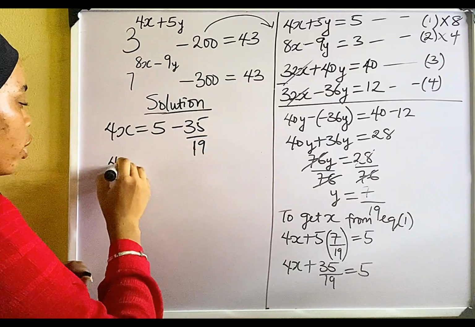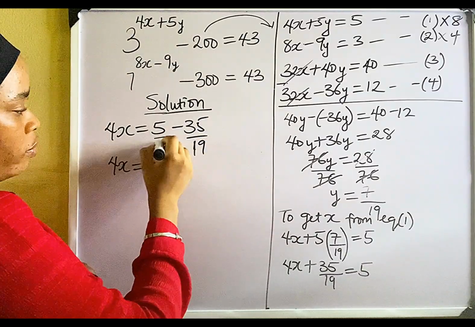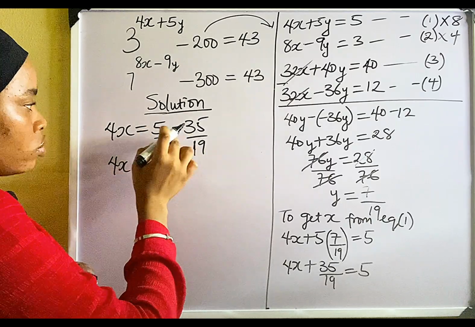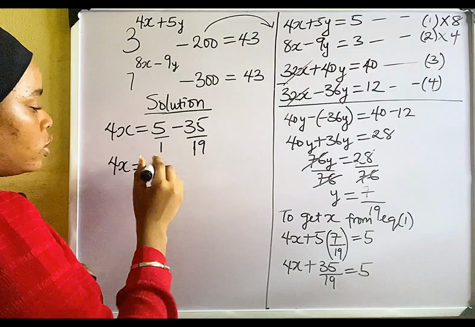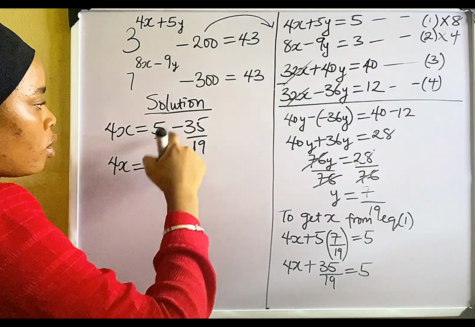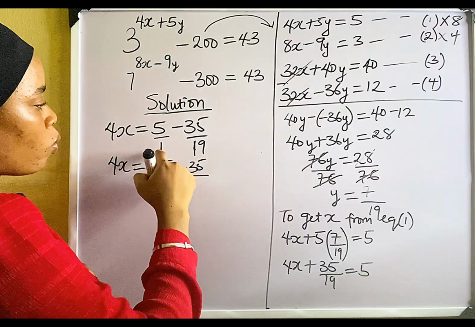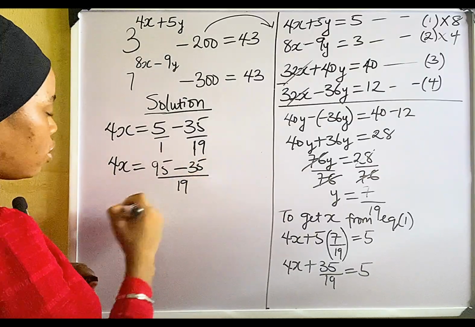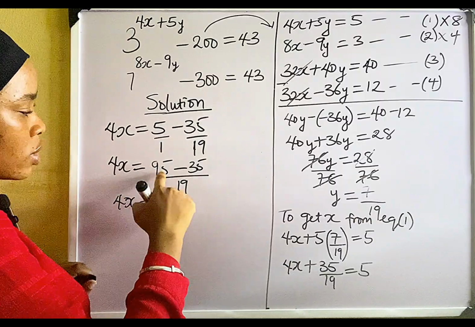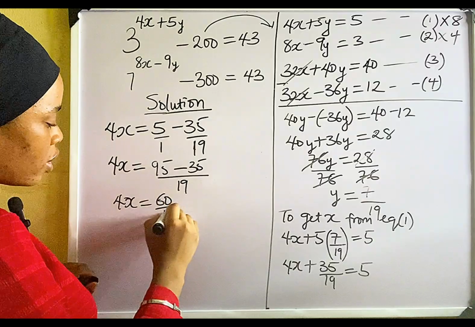So we have 4x equals, now I'm going to base this over 1 and then simplify this fraction. So I have 5 times 19, that gives me 95, minus 1 times 35, that's 35, all over 1 times 19, that's 19. So simplifying this gives me 4x equals 95 minus 35, that's 60 over 19.